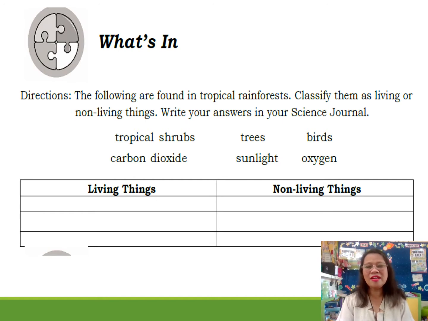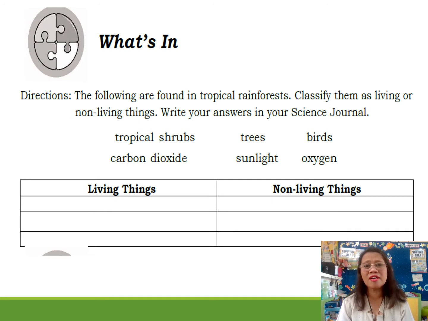Now, what's in? The following are found in tropical rainforest. You are going to classify them as living things or non-living things. You are going to write your answer on your answer sheet. Separate the living things, and separate the non-living things. Living things, by the way class, let me remind you, these are the organisms that have life.